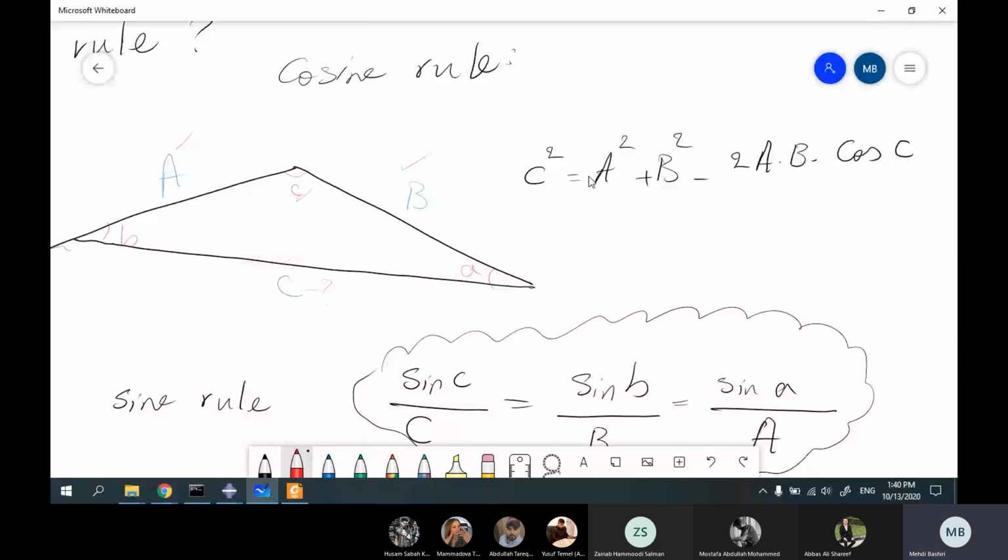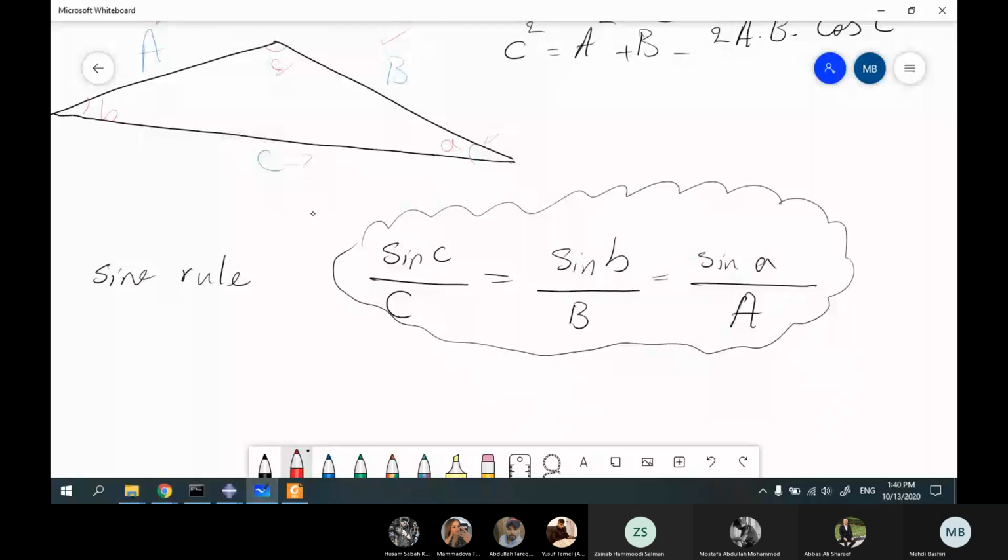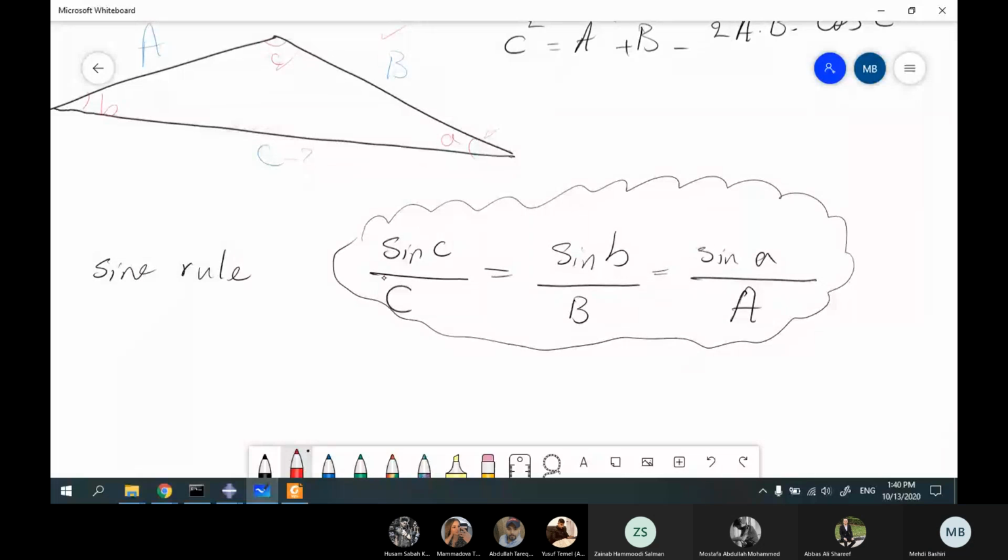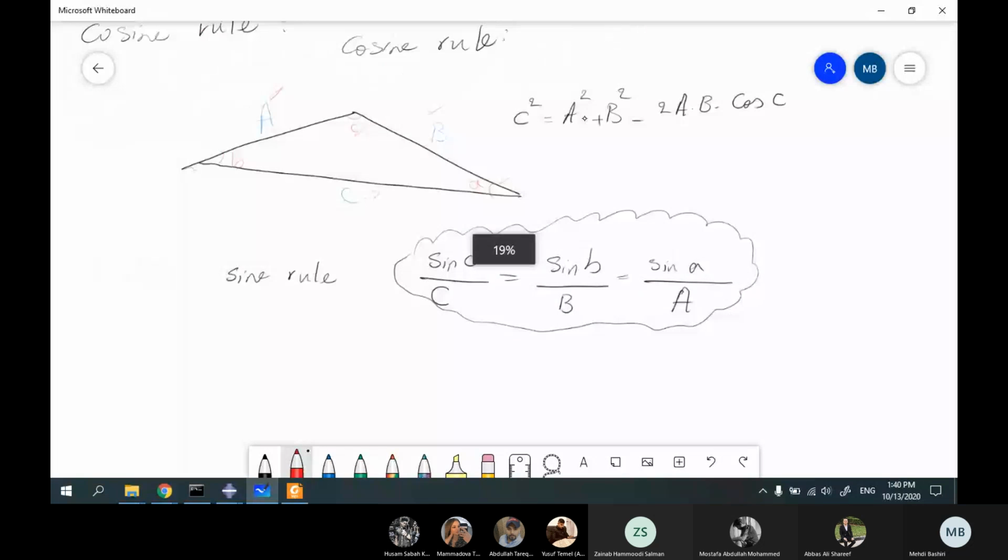This one squared plus this one squared minus this one times the cosine of this angle. I'm not going to make it complicated, so you can check both of them and see which one is better to use.